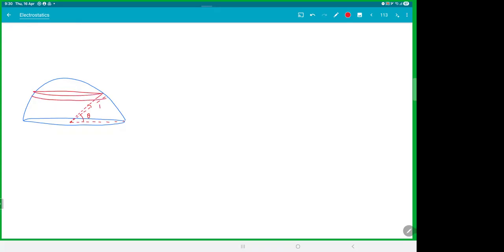This is how we get a ring. I'll show it here. So the ring will look like this. I'm exaggerating it. So this would be your r d theta.